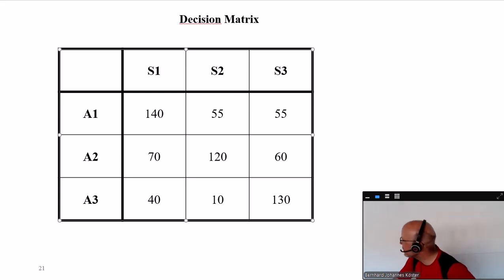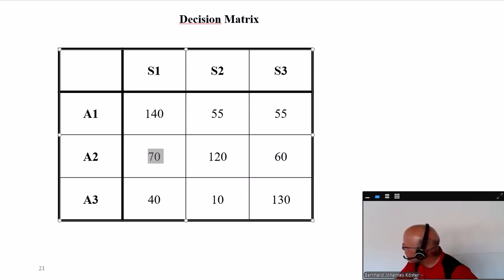But here, of course, since we always have the largest values at the diagonals, we do not have this. It would be the case, for example, if at alternative A2 we wouldn't have a 70, but let's say a 150.